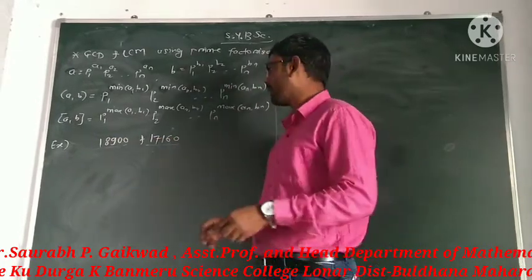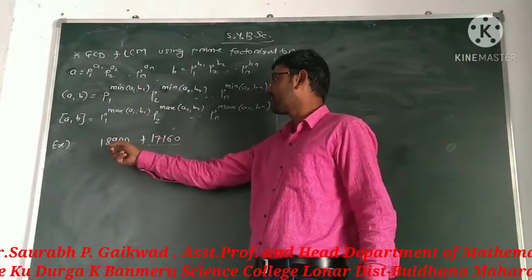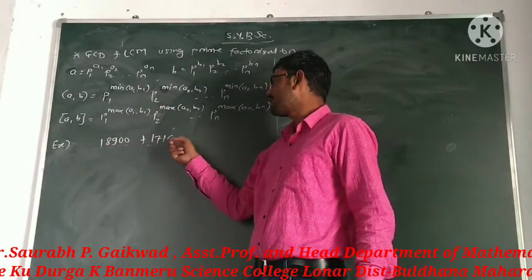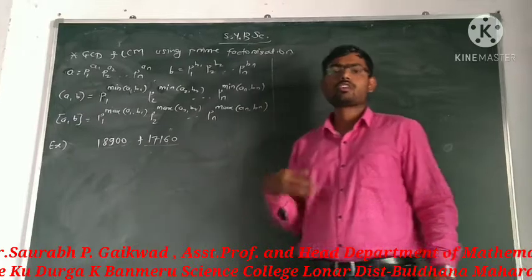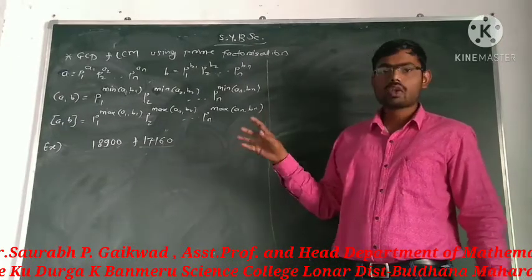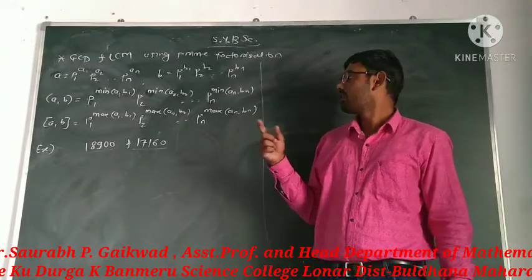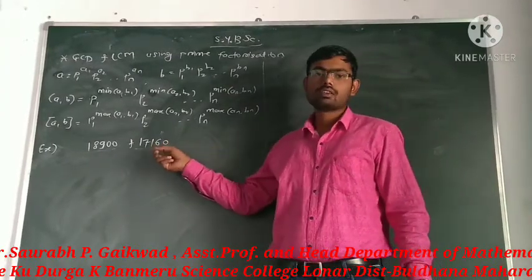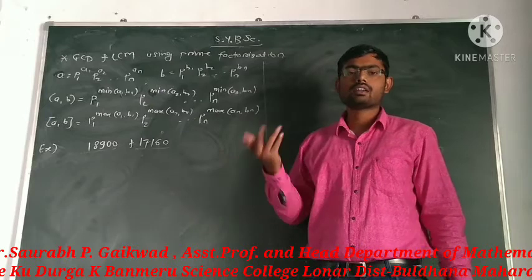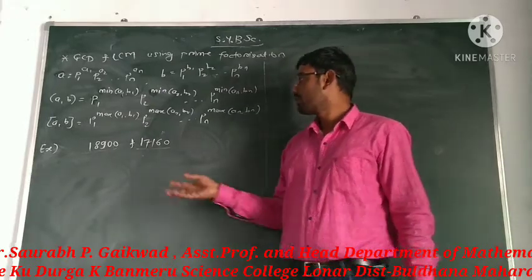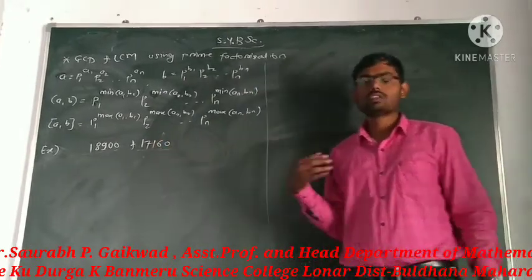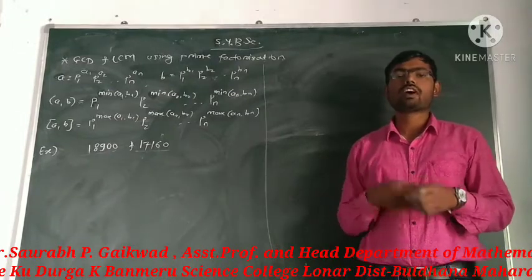What will we do? We will first factor 18900 and 17160 as a product of primes. You cannot find GCD and LCM of such numbers using our general methods. You can find GCD using the Euclidean algorithm, but not by our general method. So for such a big example, it is easy to find GCD and LCM through prime factorization.